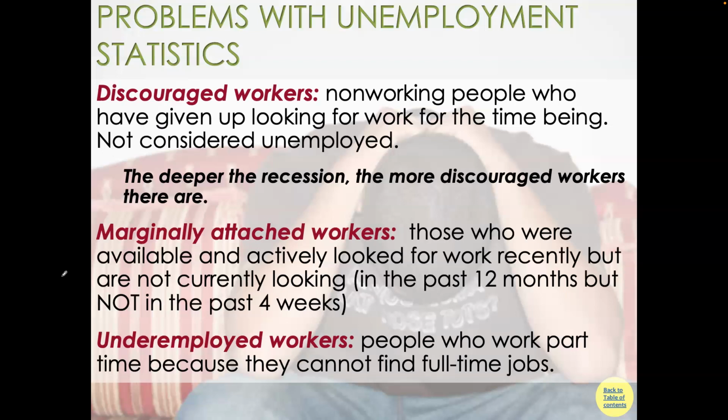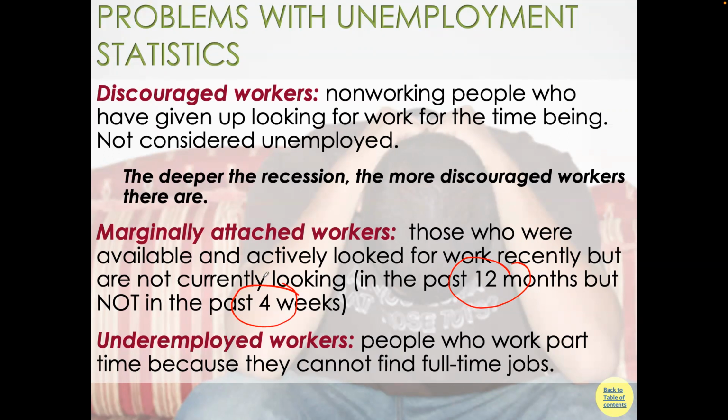Right. The second type is called marginally attached workers. So this is someone who is discouraged, but still hanging on there. Now look at what's in the parentheses. This individual has searched for a job in the past 12 months, but not in the past 4 weeks. So why do these two numbers matter? Because if you have actively searched for a job in the past 4 weeks, you are classified as unemployed.